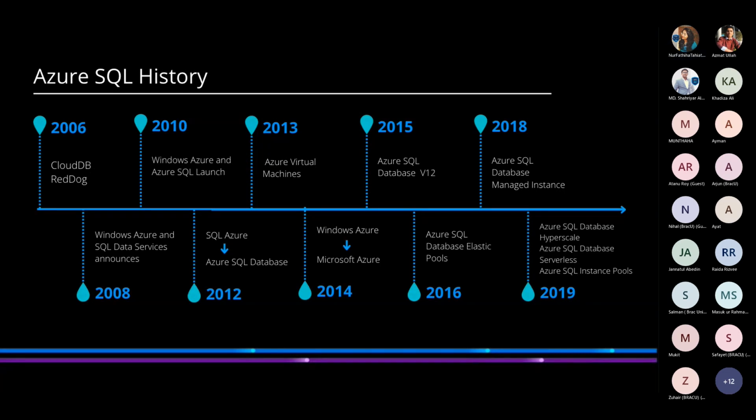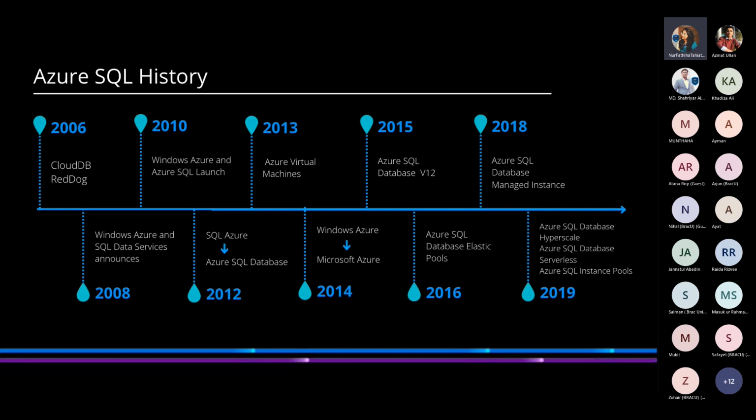CloudDB was used as a part of SQL Azure, and Red Dog was a part of Windows Azure. After a while, when Ray announced the launch of Windows Azure and SQL database services, the whole journey eventually got started. And two years after that, in 2010, Windows Azure and Azure SQL were actually launched.